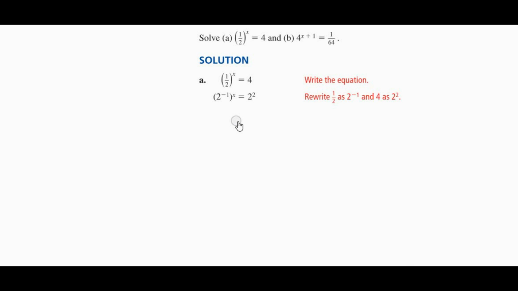So if I rewrite my 1/2 to be 2 to the negative 1, that's the same thing because what that negative 1 means is that my 2 needs to drop down into my denominator. So my 2 here, my 1/2, has an exponent of 1. 2 to the power of 1 is just 2. It's in the denominator. So that has a power of 1.